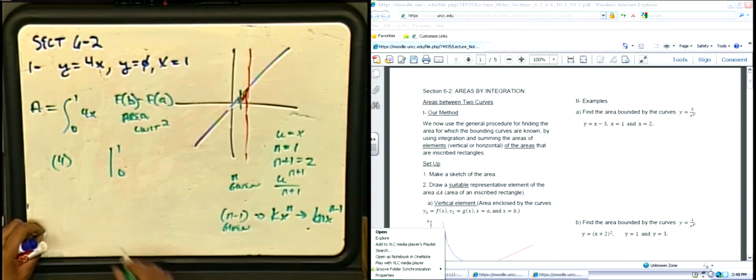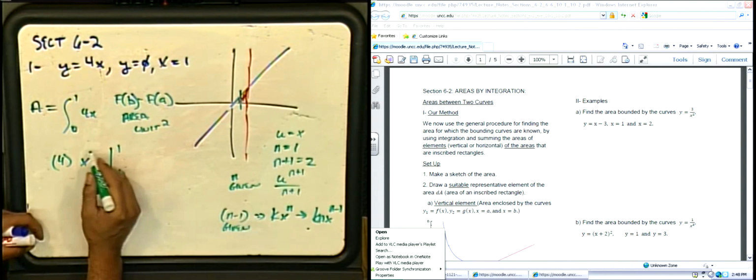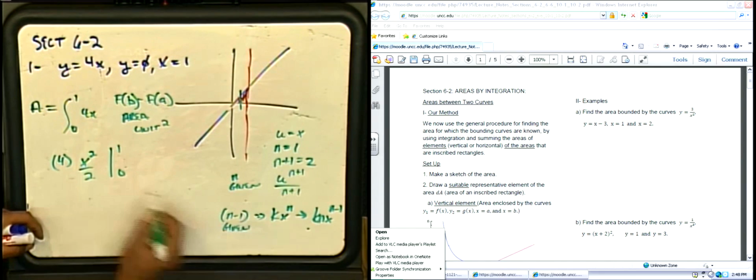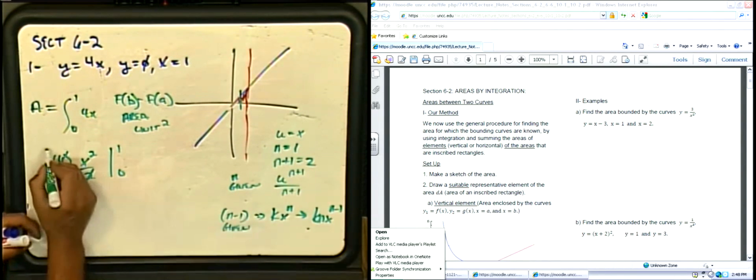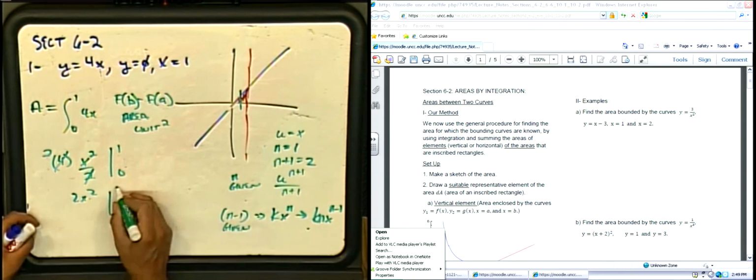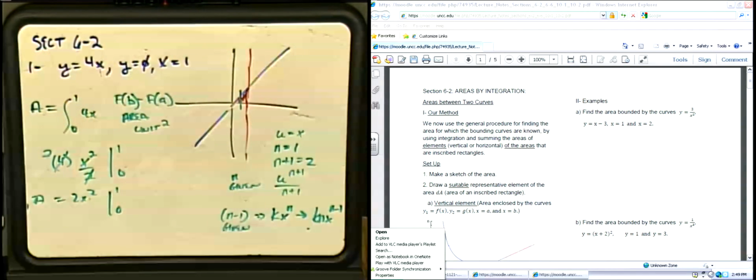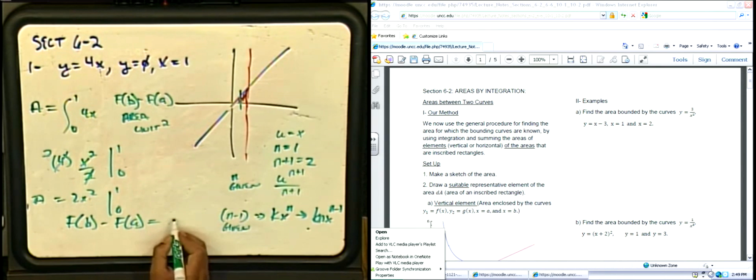Okay, so that will make this x squared over 2. Cancel, 2x squared. F of b, which is the upper limit, minus f of a, the lower limit, equals the area.